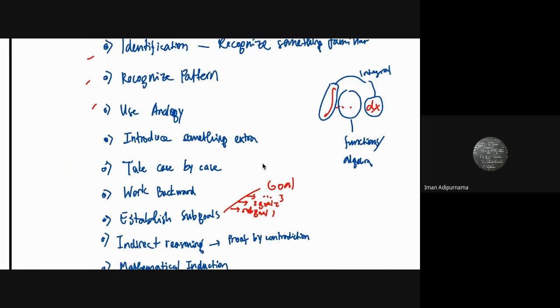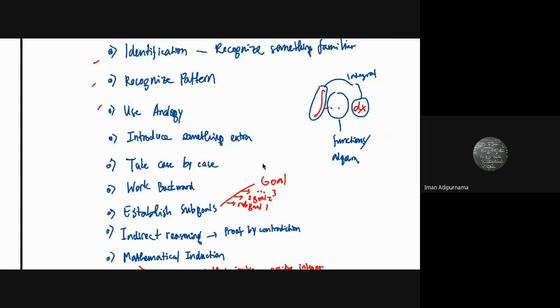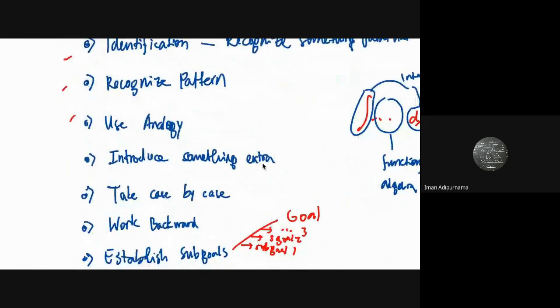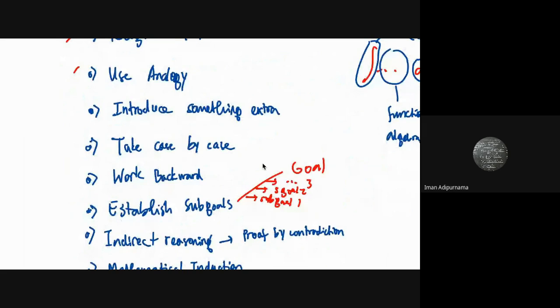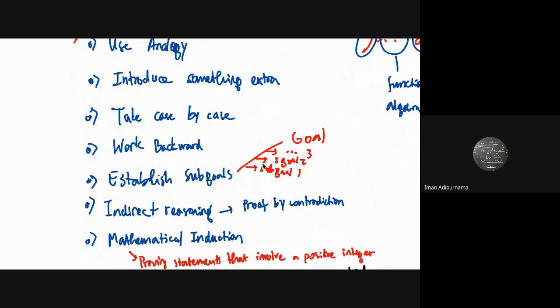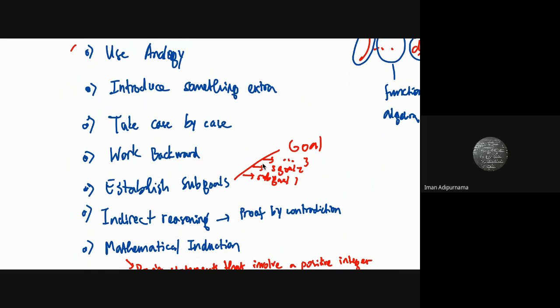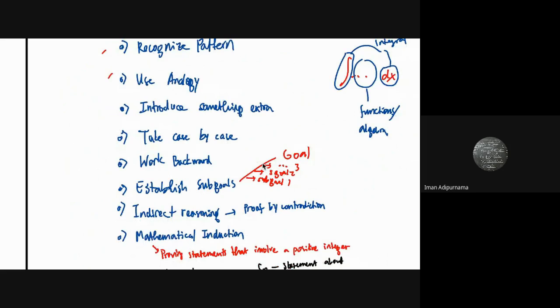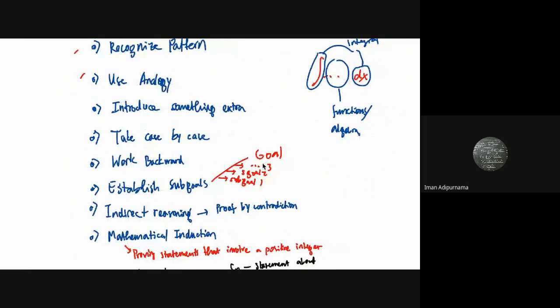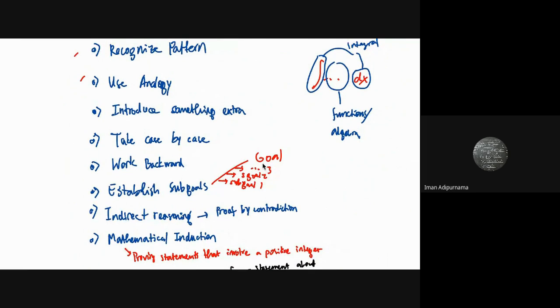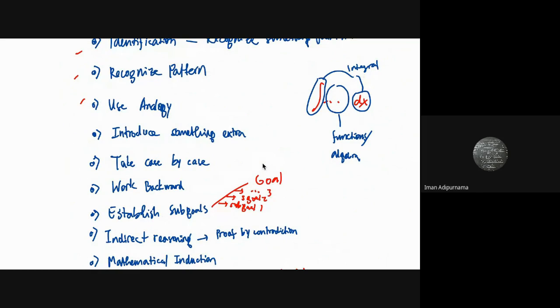Within all these statements: recognize pattern, analogy, introducing something extra, taking case by case, work backward, establish subgoals, indirect reasoning, mathematical induction. Maybe not all will be applied to solving a problem, but at least half of these we have done in solving our problems, especially in your case, maybe in calculus.